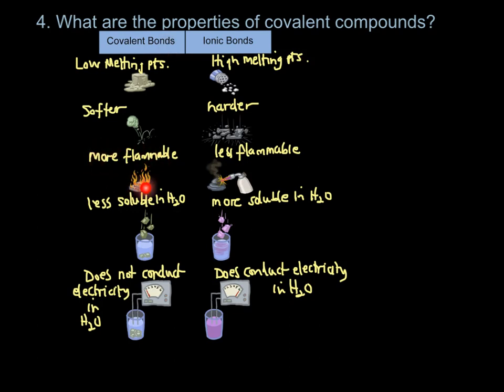Covalent compounds are more flammable, while ionic are less flammable. Covalent compounds are less soluble in water, meaning that you can't dissolve them in water, whereas ionic compounds tend to be very soluble in water. And then covalent compounds tend to not conduct electricity when you mix them with water, and ionic compounds tend to conduct electricity when you mix them with water.